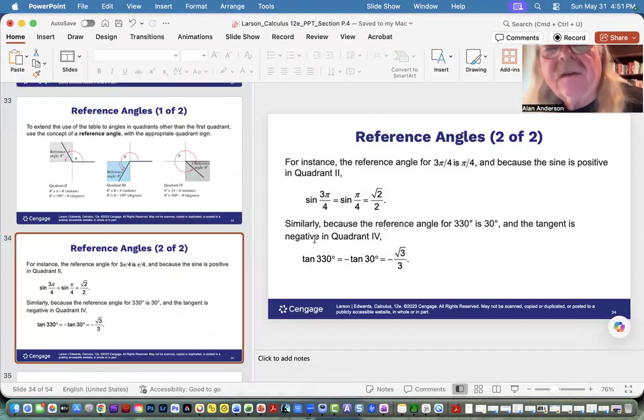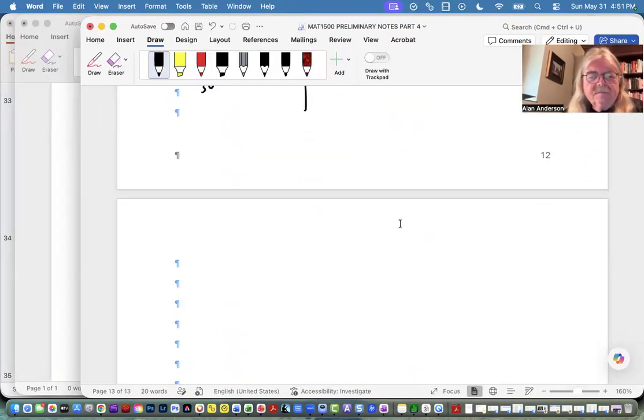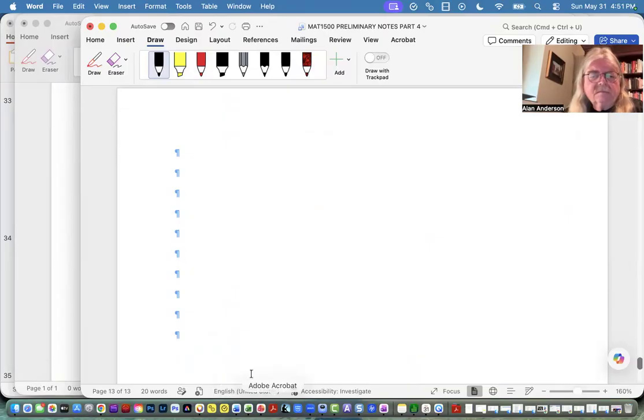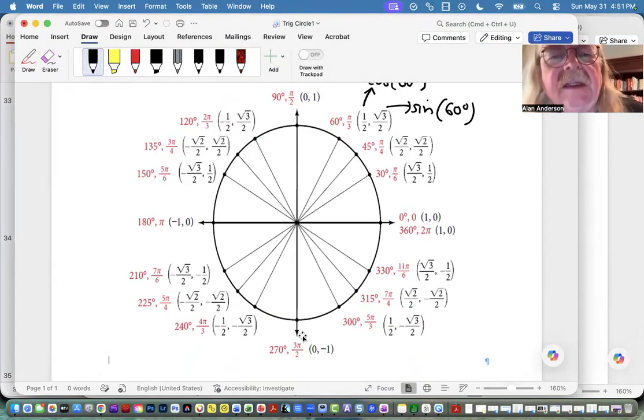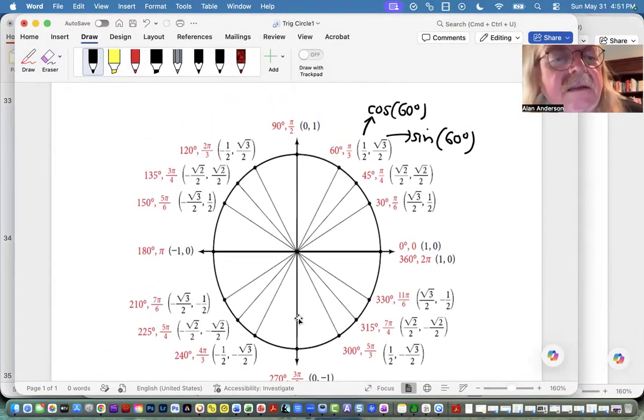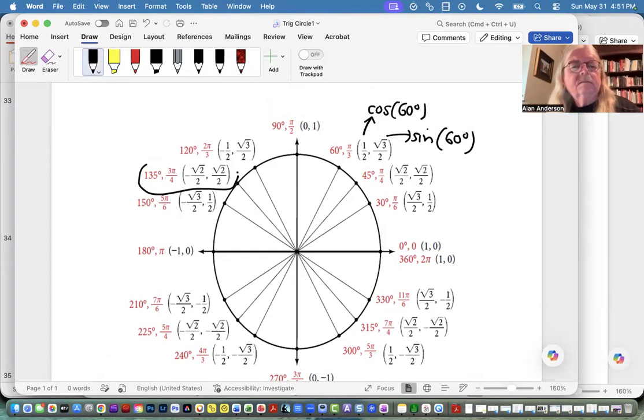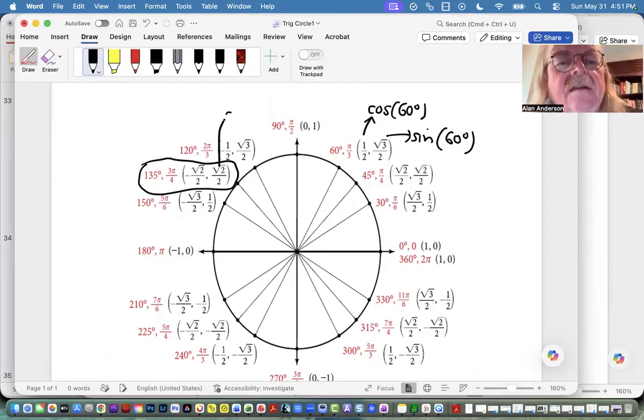So imagine you're looking for the sine of 3/4 pi, and looking at the unit circle or the trig circle, that would be right here. And the second term is the sine.